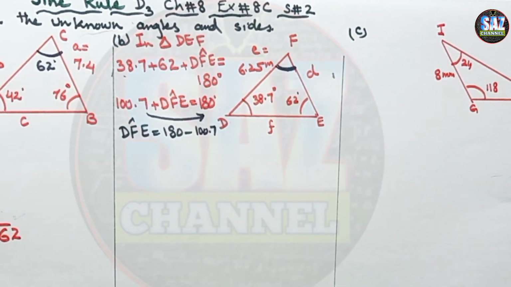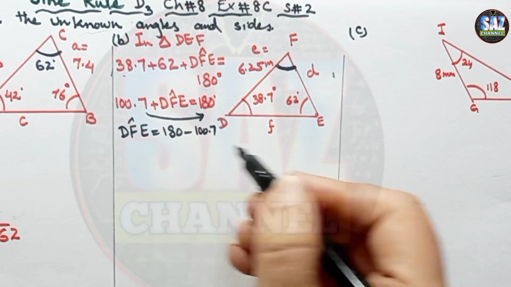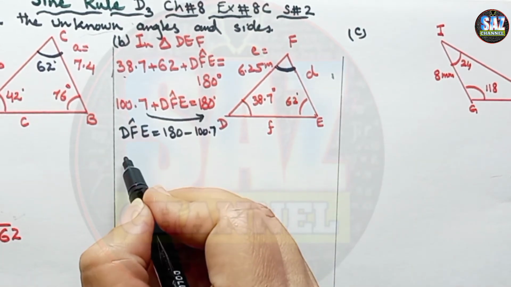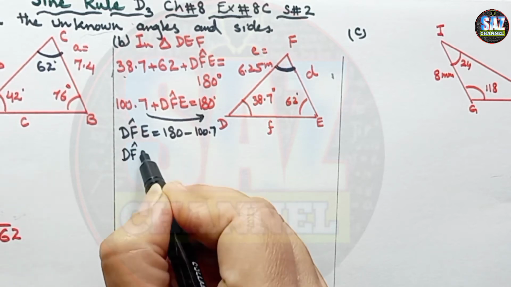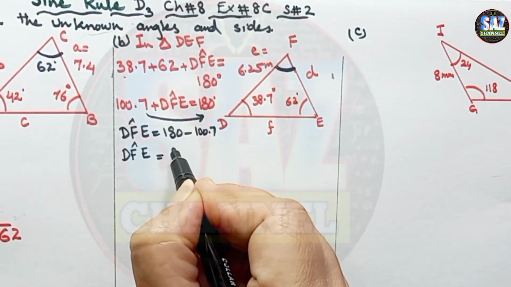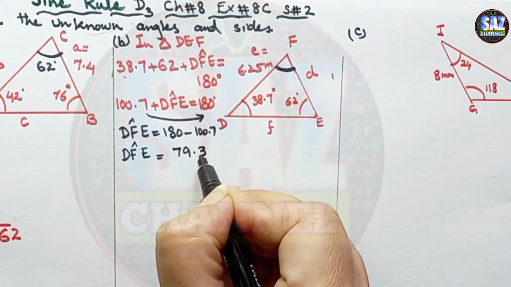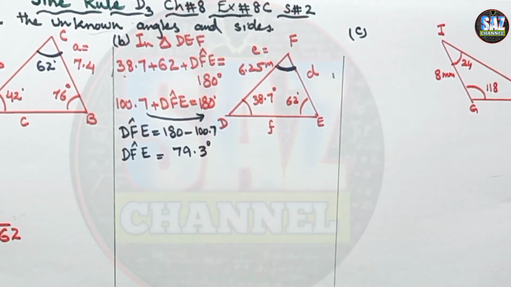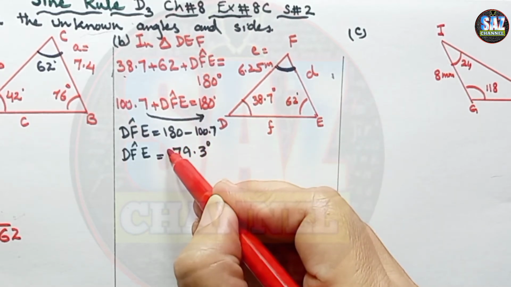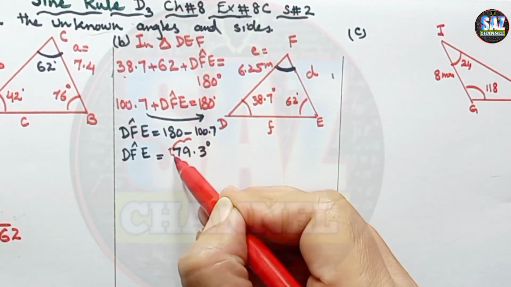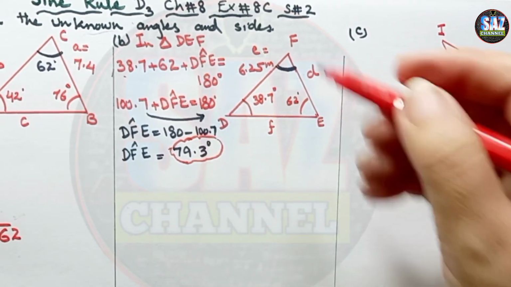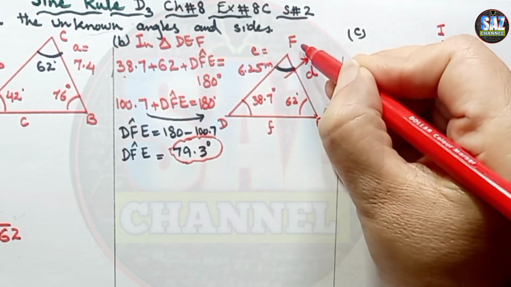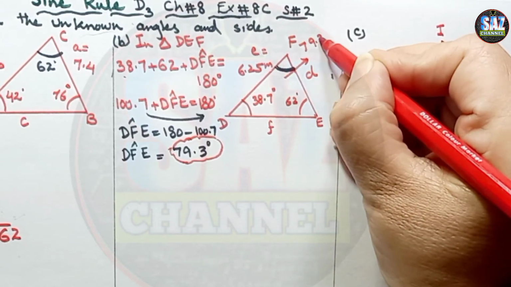I have to take this away from 180, and angle DFE is 79.3 degrees. Let me block this answer. I will be going really slow because these are really important lessons for the CA exam as well, so that my students can understand these lessons properly before the exam.